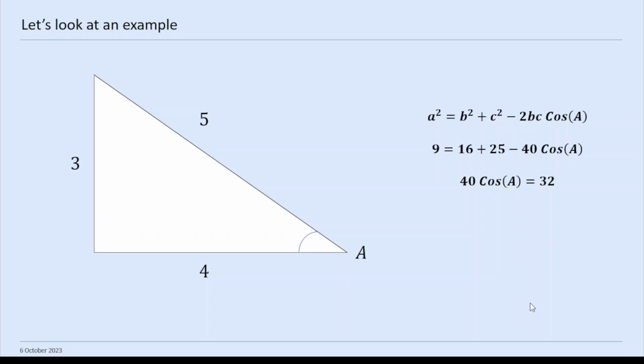So 40 cos A equals 32, and cos A equals 32 over 40, which is 4 over 5. The inverse cos of 4 over 5 is 36.87 degrees, or 0.6435 radians.